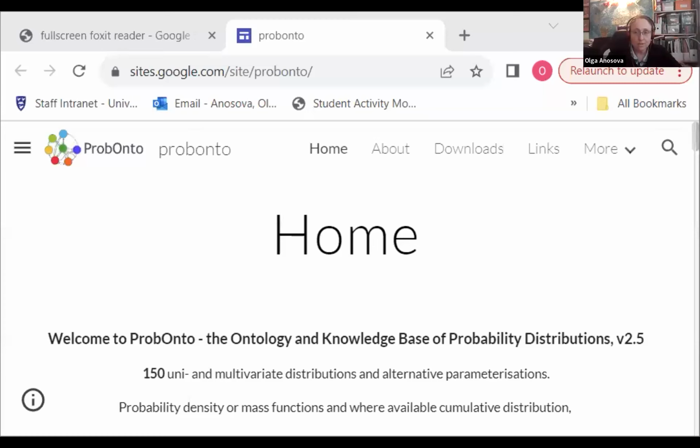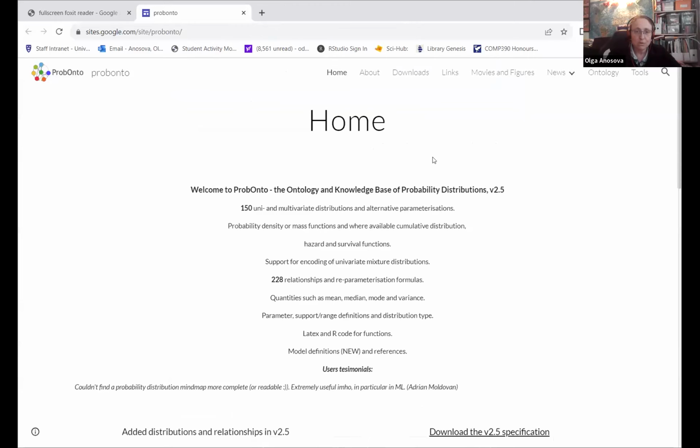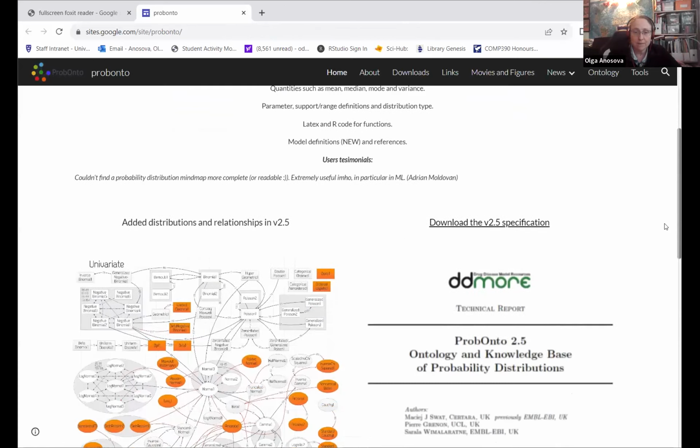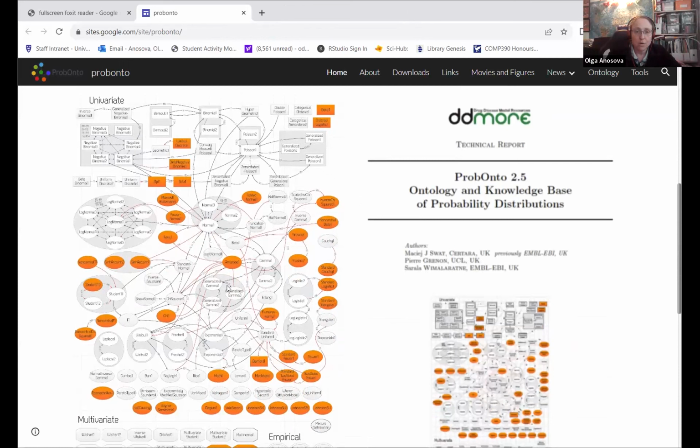No, I'll share another screen because I didn't know it myself, but I think it's quite a useful piece of knowledge. Apparently, there exists the so-called Probonto, an ontology of all probability distributions, which can be particularly useful if you are choosing between distributions, say, for Bayesian analysis or something like that. It's amazing because it tries to depict all kinds of interconnections between different distributions.